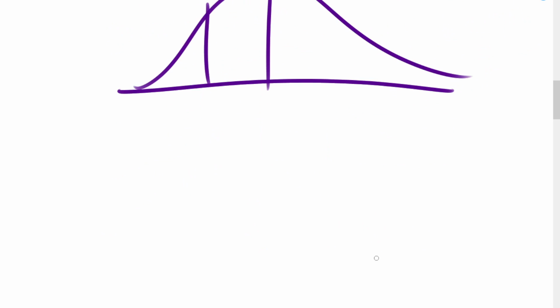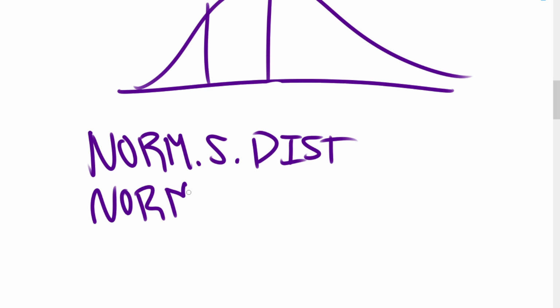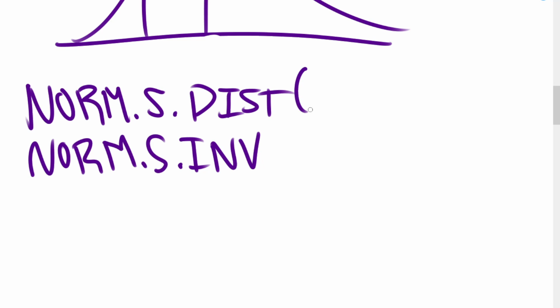And we'll be using Excel spreadsheets again. The two main things are norm.s.dist and norm.s.inv. When you plug these into Excel you want an equal sign before any calculations.